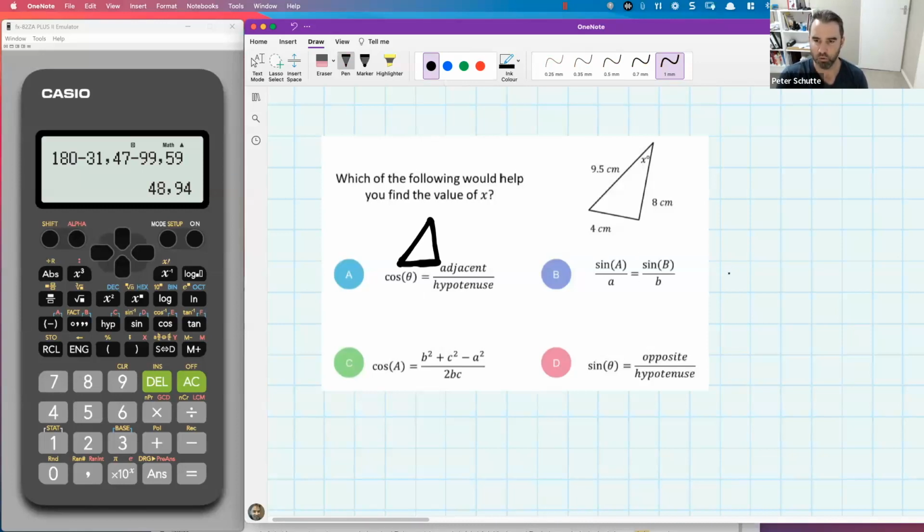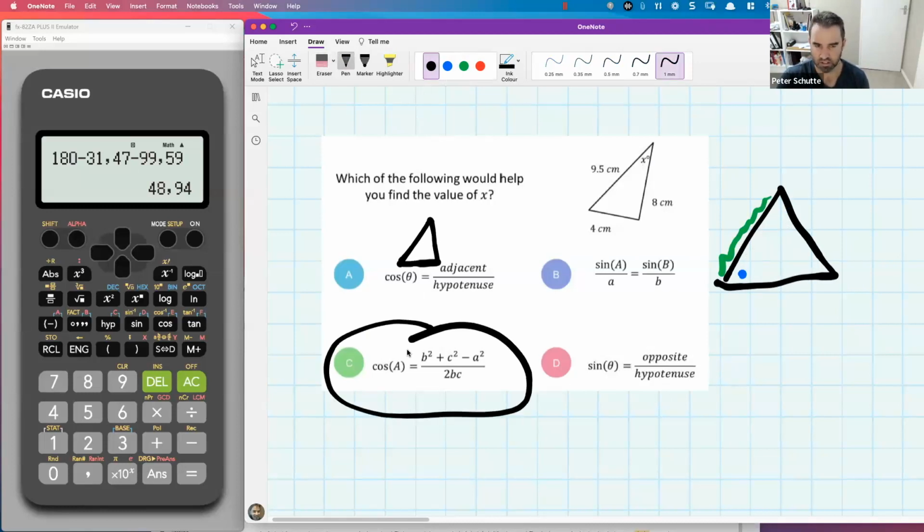This is the sine rule, and it's generally very useful if you have a side and two angles, or if you have two sides and an angle. So it's not that, and it's not going to be this, because this is right angle triangles. And so the answer must be C, which is the cos rule, as we've been learning about.